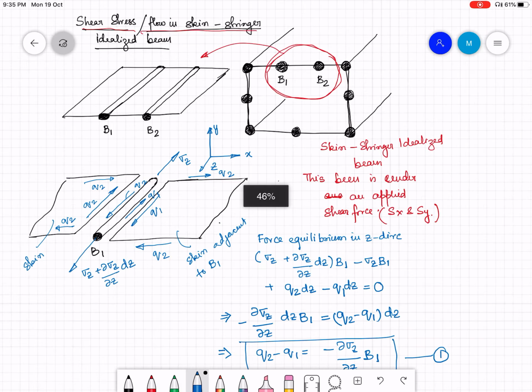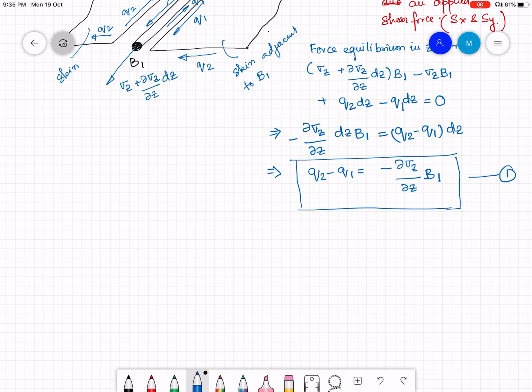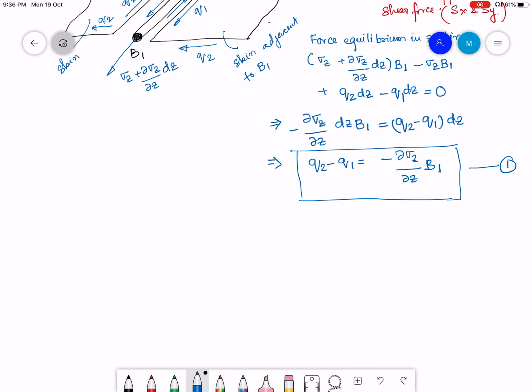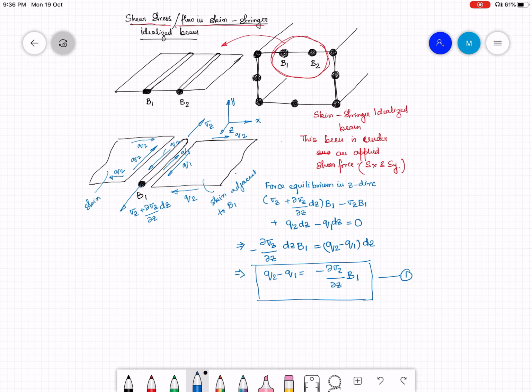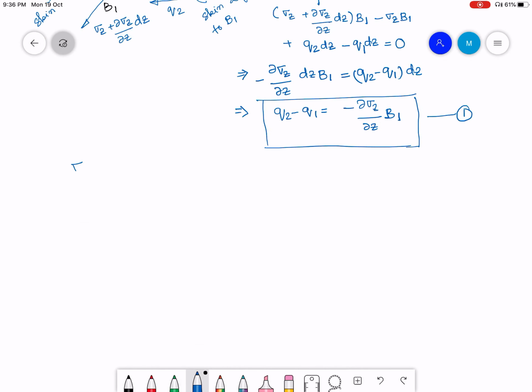If I try to write sigma z in terms of the moment applied, sigma z is going to be, if you remember this, we have derived it for bidirectional bending, My into Ixx minus Mx, and so on.